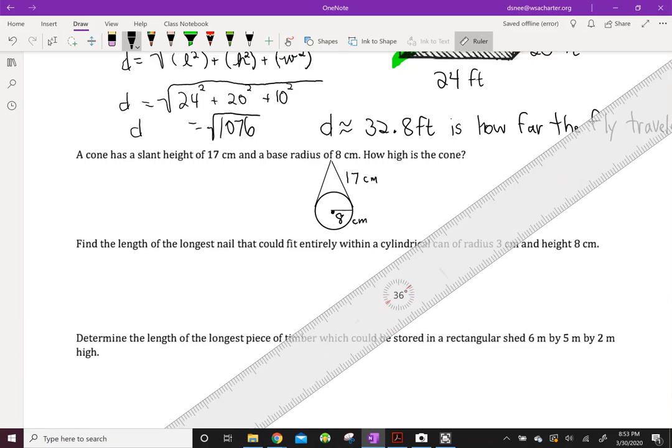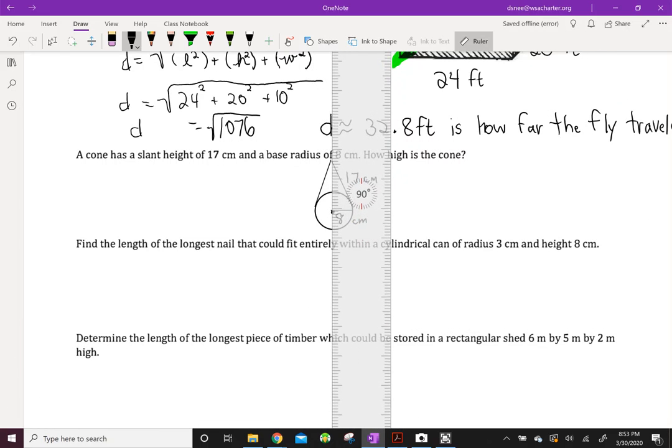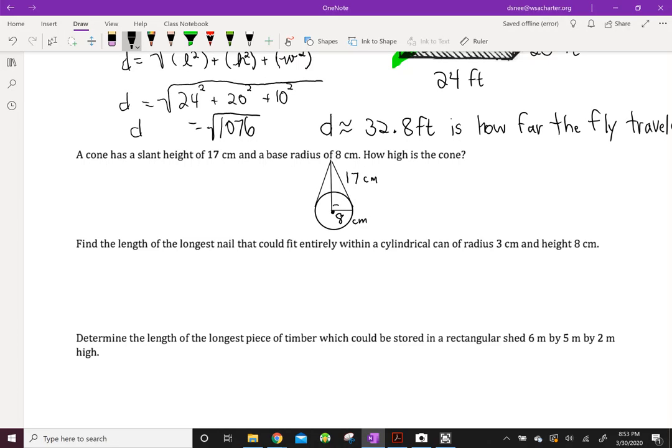So now, if I go from the center of that cone right up there to the top of that cone, right, what I've got here is a right triangle. And I have A is equal to 8, and B is an unknown, and C, my hypotenuse, the side opposite of that right triangle, is 17.